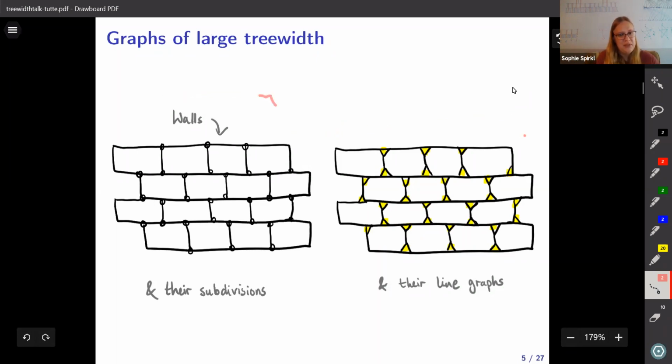And so this left one doesn't contain the right. But the right one has vertices with 3 pairwise non-adjacent neighbors, claws. And line graphs are claw-free, so the right also doesn't contain the left in the induced subgraph sense. So these are 2 of the basic types of answers you should expect.